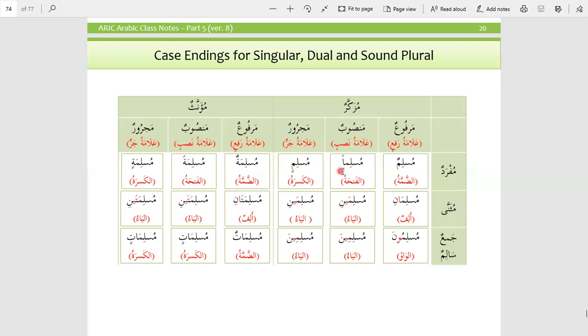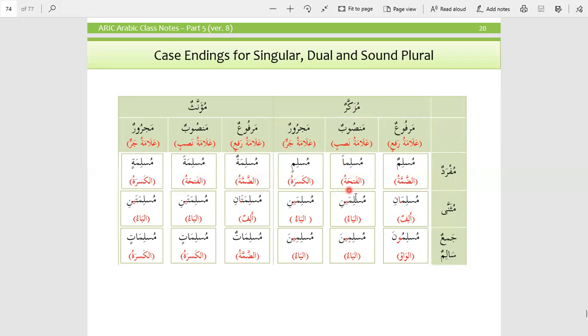We'll learn these details, inshallah, in book 2: why Musliman, why Muslimun, and why Muslimin. So you need to follow this course to book 2 so that you understand. Some of the reasons we've already learned in book 1, but for further details of the case endings, we are going to continue in book 2.